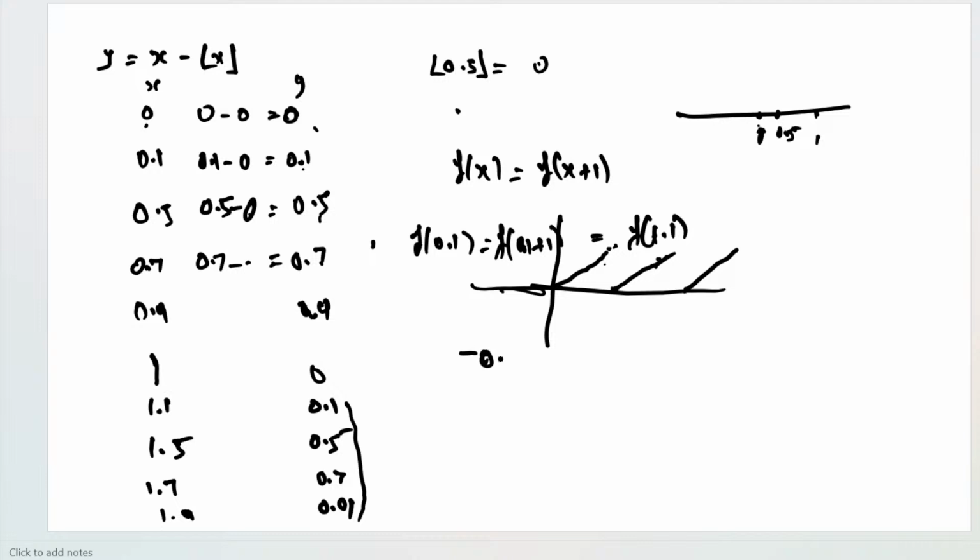Minus 0.1. x is minus 0.1. What about y?